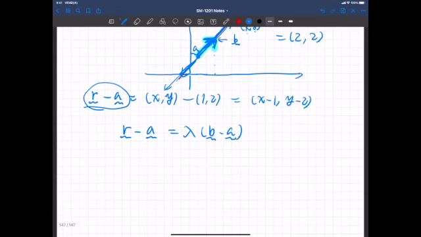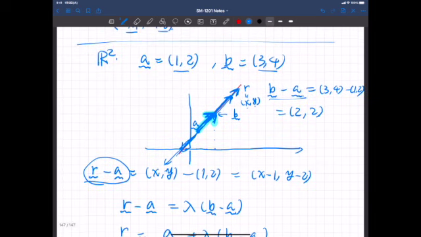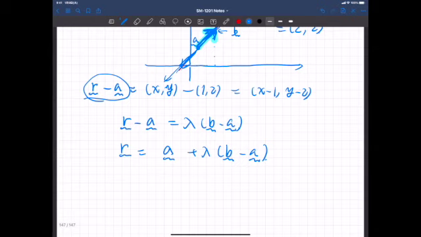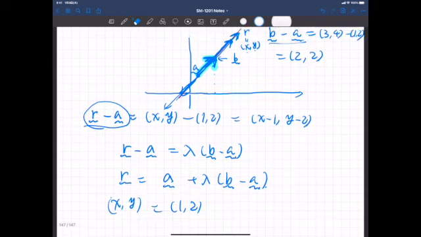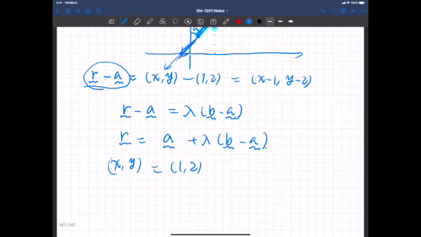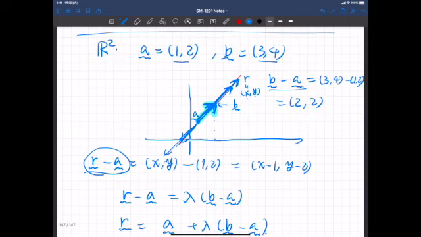Therefore R is A plus lambda times (B minus A). So this is the general equation for the points on this line. If R is (x, y), then it should be (1, 2), so that's A, plus lambda times (B minus A), which is (2, 2).